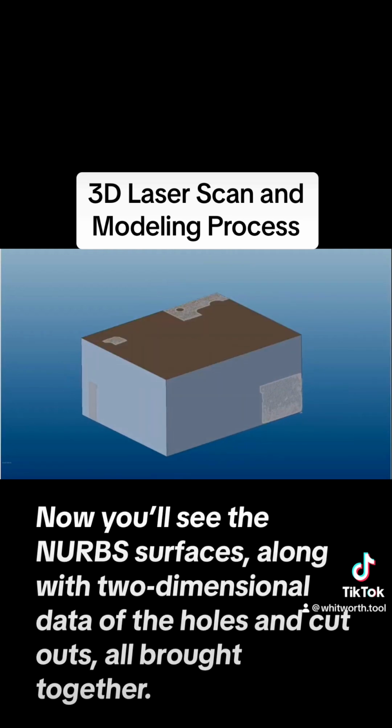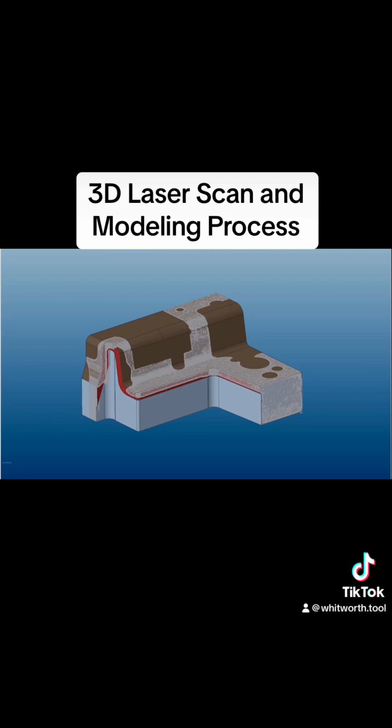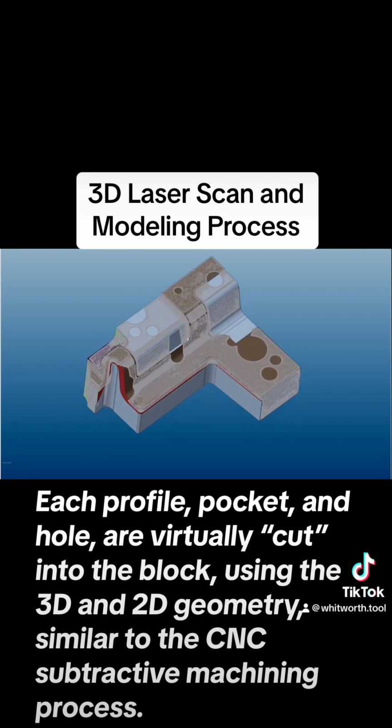Now you'll see the NURBS surfaces, along with two-dimensional data of the holes and cutouts, all brought together. Each profile, pocket, and hole are virtually cut into the block, using the 3D and 2D geometry, similar to the CNC subtractive machining process.